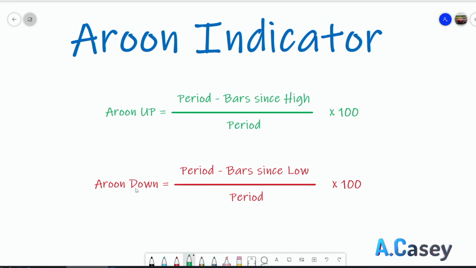The lower channel indicator is the same thing, except it calculates how far back the low happened in the look back period. So based on this, the indicator will go from 0 to 100%. The closer the channel is to 100%, that means we have a recent high or a recent low, depending on which channel is at that level.